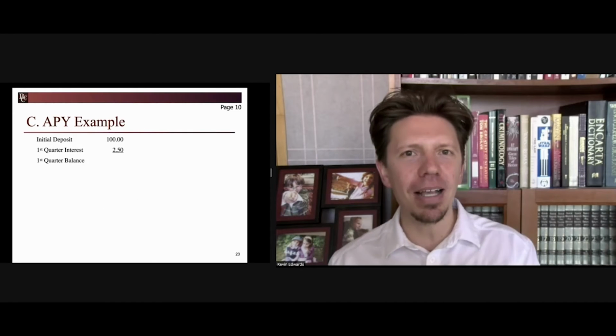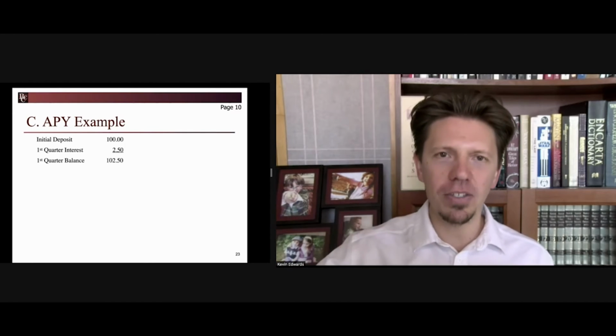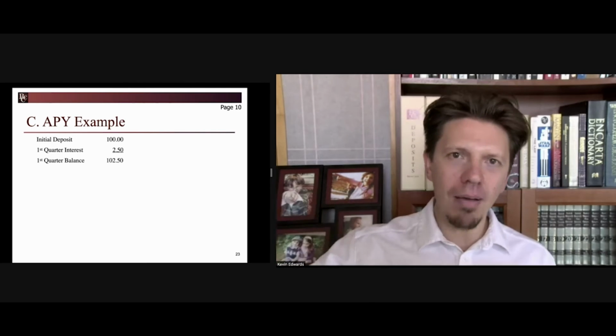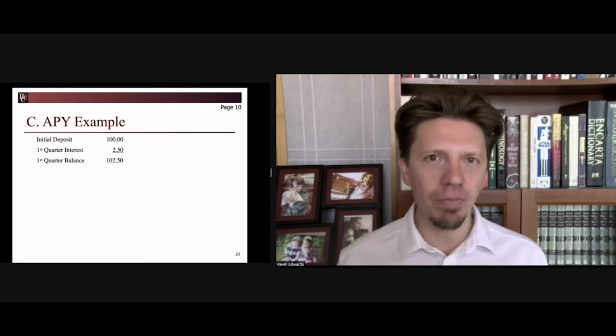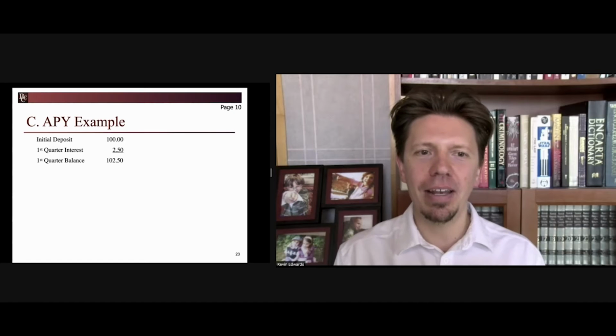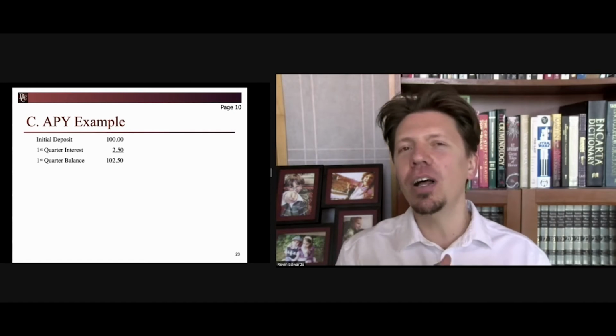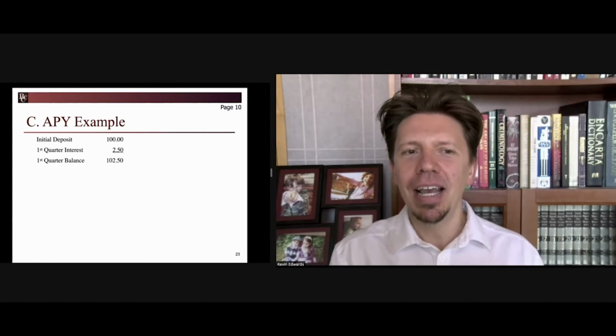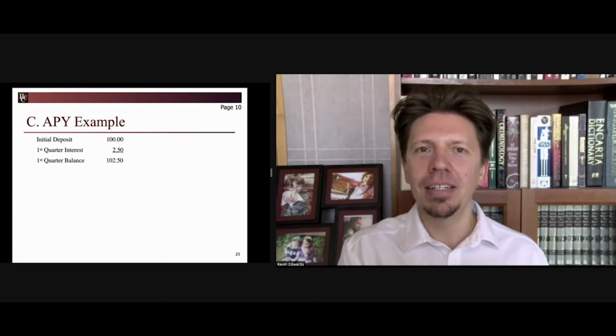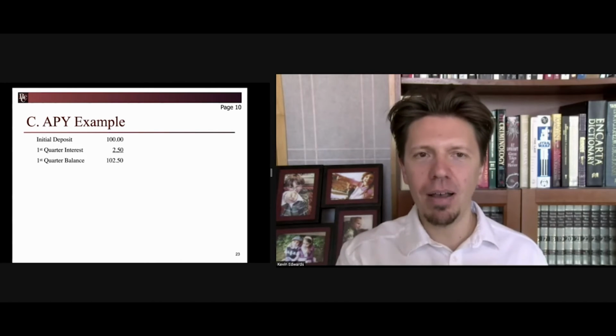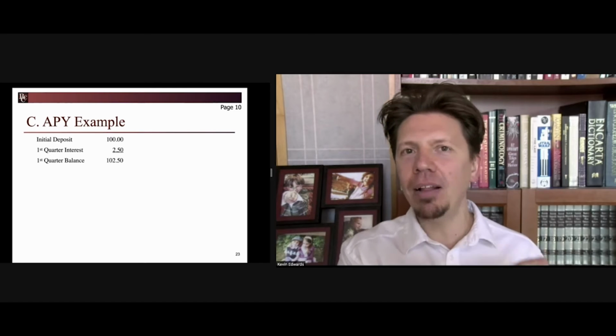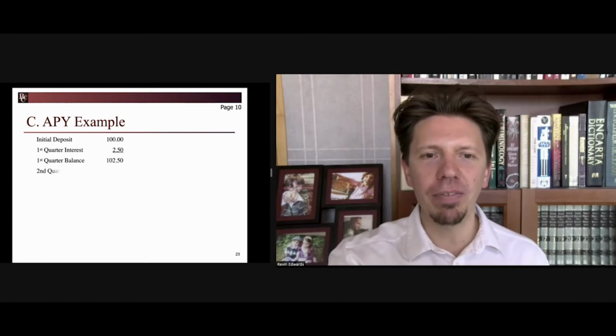But so we're going to assume this amount. So the initial deposit is $100 in the first quarter. You compound that interest, and it's $2.50. And so then the balance, so the $2.50 is what they get back. And so that quarterly balance, at the end of that, once you've compounded it, now their balance has gone up by that $2.50.